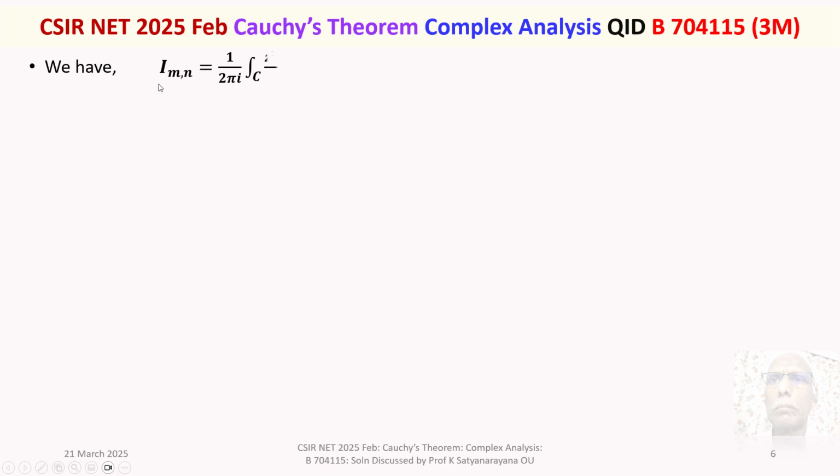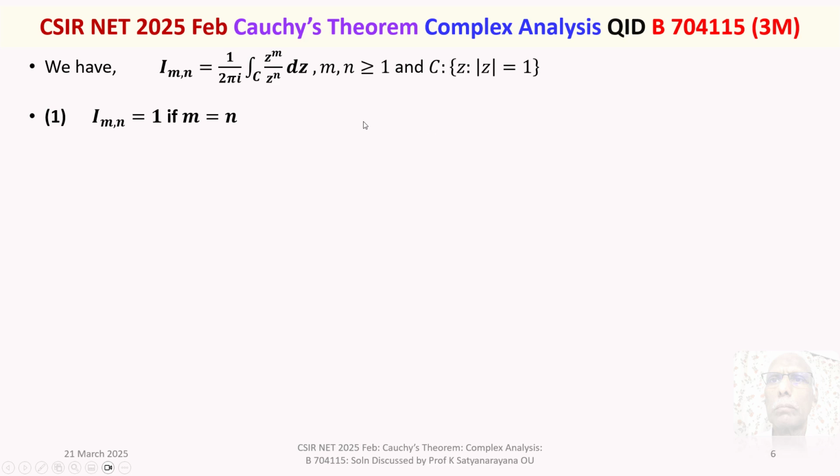We have I_{m,n} = 1/(2πi) times the integral taken round C of z^m / z^n with respect to z, where m and n are natural numbers and C is a positively oriented circle. Option 1: I_{m,n} is equal to 1 if m is equal to n.